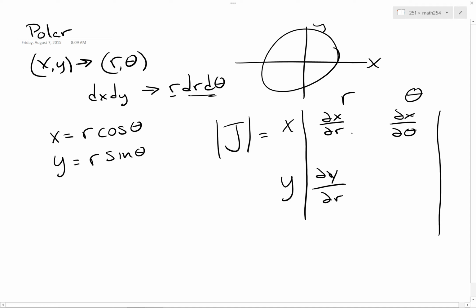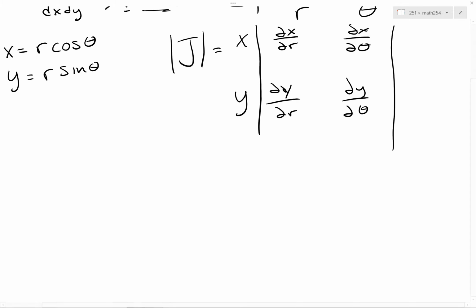Later on we might go to u's and v's, so we'll put the u's and v's up here. Whatever you're starting with, wherever you're going to. When you do that, this will be cosine theta and minus r sine theta, and sine theta and r cosine theta.